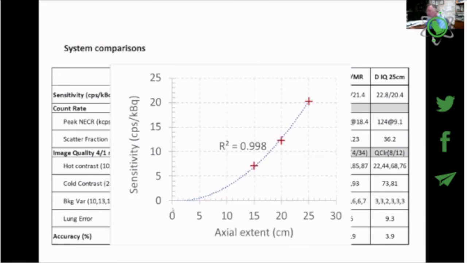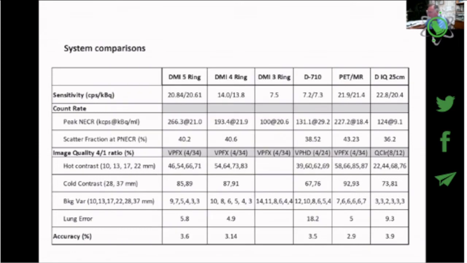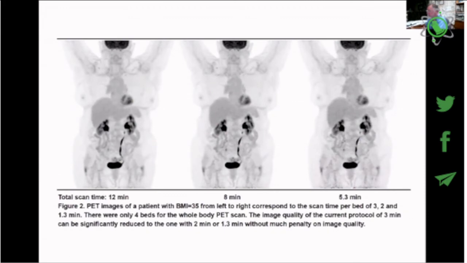If you plot this, you will see that 15, 20, 25, so the 30 will be somewhere around there if you believe this graph, maybe in the range of about 35 or something of that nature, as far as counts per second per kilobecquerel, which is the sensitivity of the scanner. This can be used in order to reduce your scan duration.